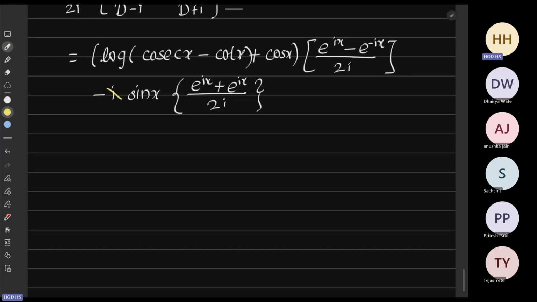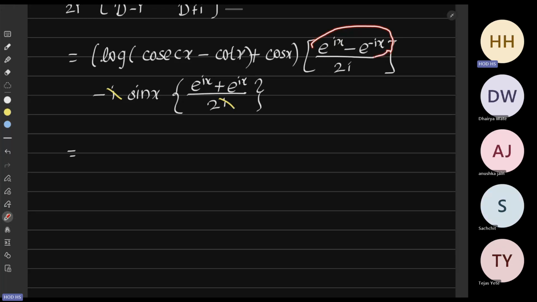So I can cancel out this i and rewrite this. Notice that (e to the power i theta minus e to the power minus i theta) by 2i is sin theta, and (e to the power i theta plus e to the power minus i theta) divided by 2 is cos theta.